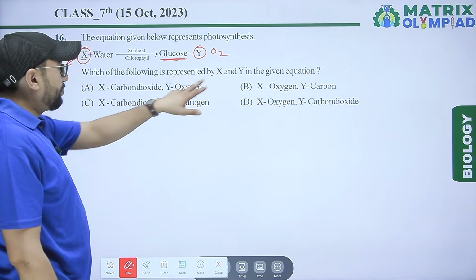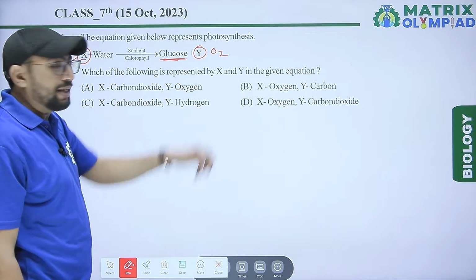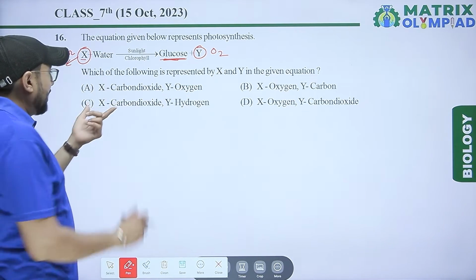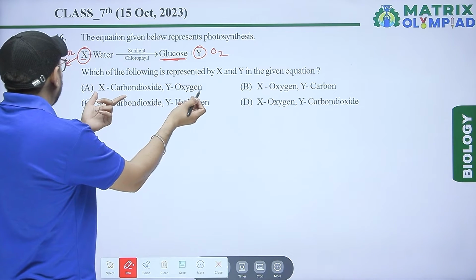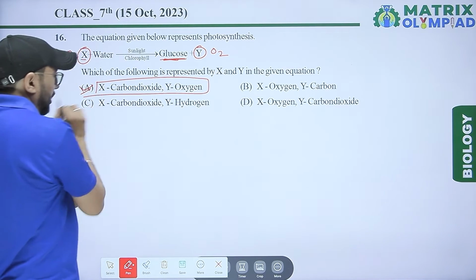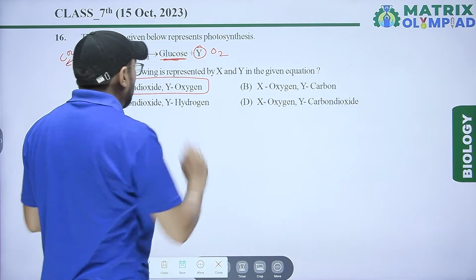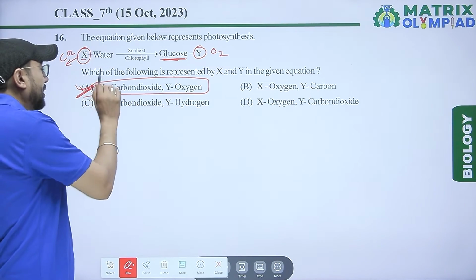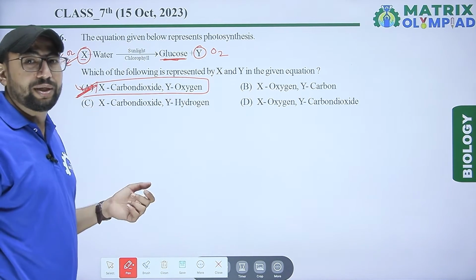Which of the following represents X and Y in the given equation? X carbon dioxide, Y oxygen. Option A is the right answer and the others are wrong.